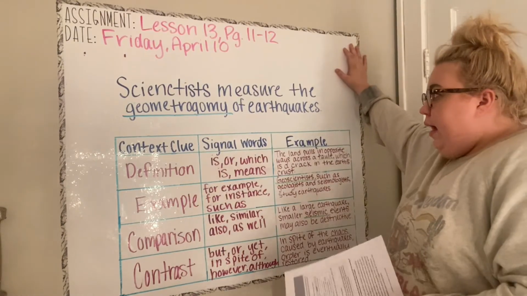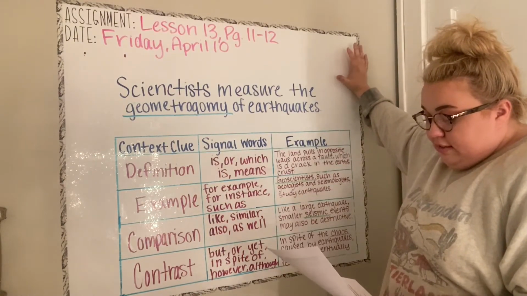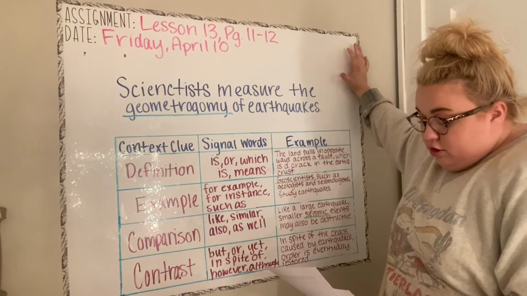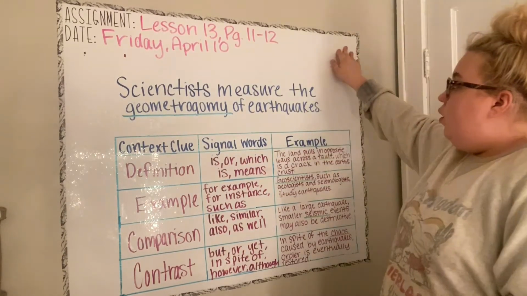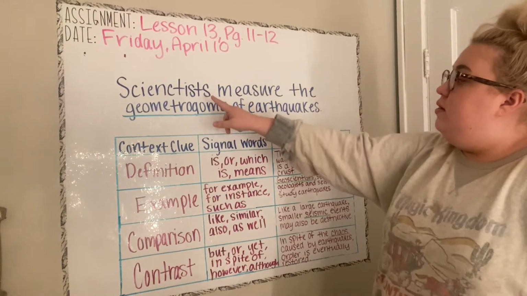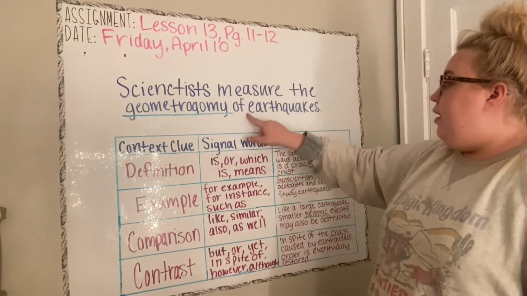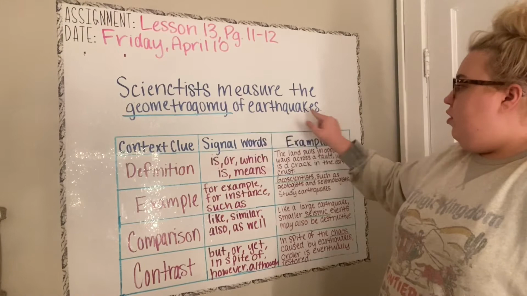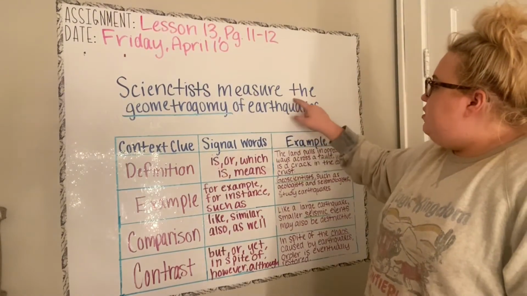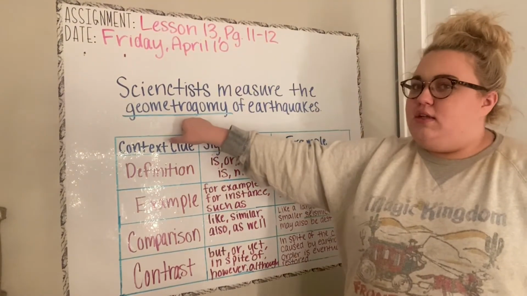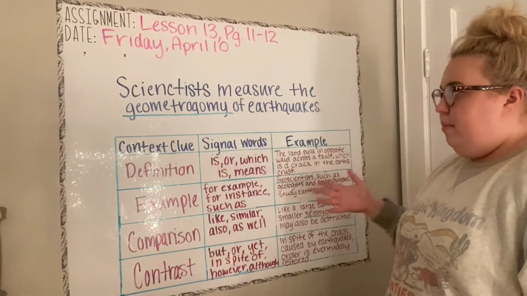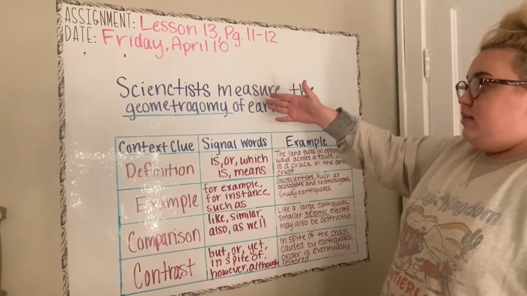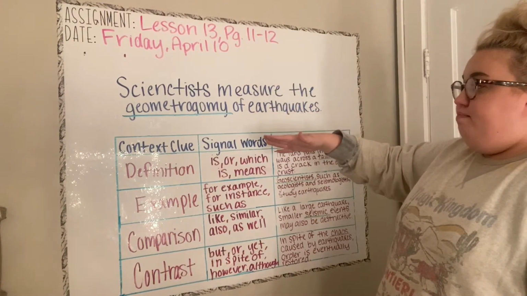So the position in the sentence helps us to determine the meaning. When it says the word the, we can tell that this is not a verb. Geometrogamy is not an action. It's something that the scientists can measure.